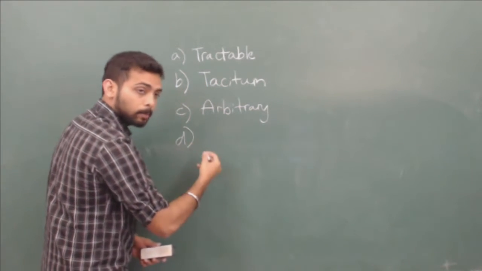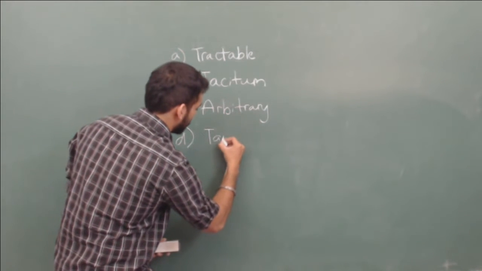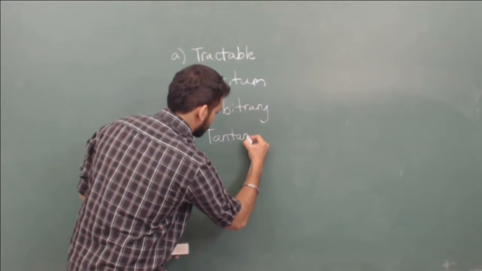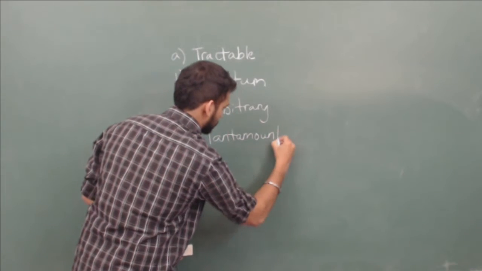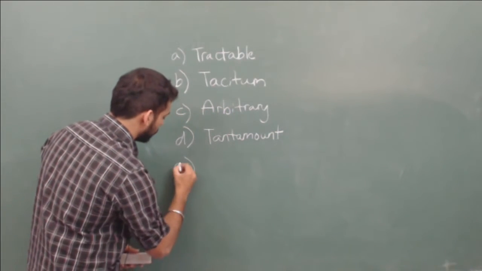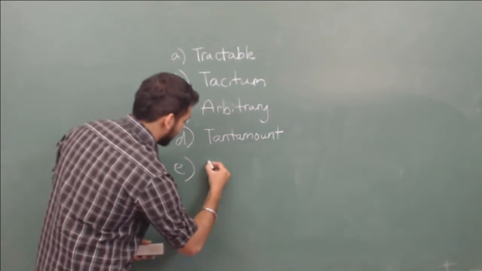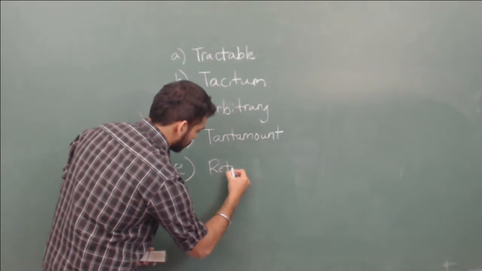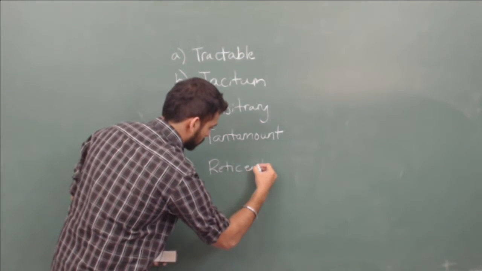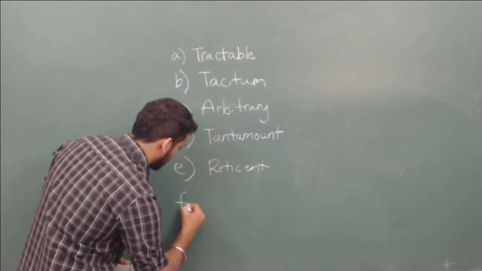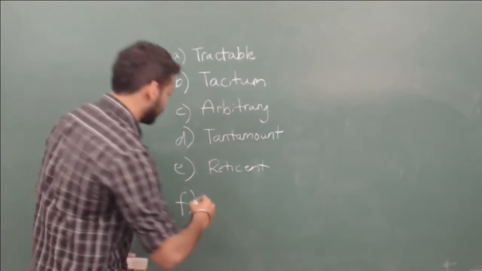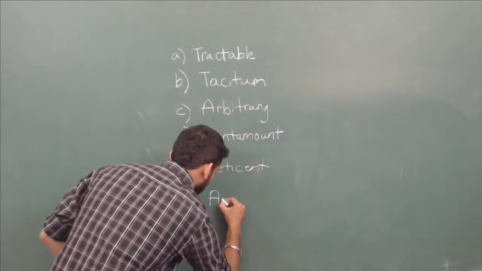D, the word tantamount. E, the word reticent. And F, the word amenable.